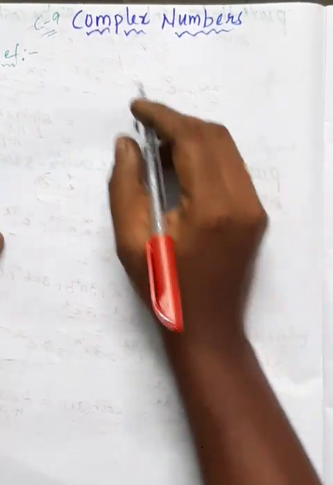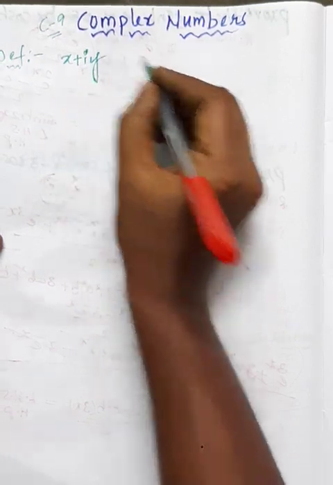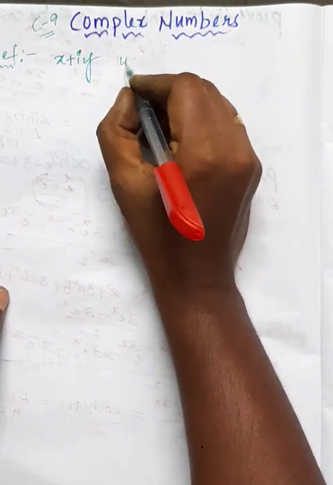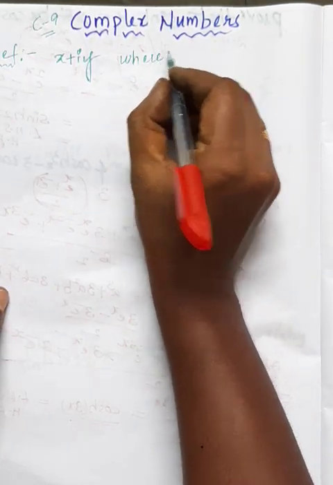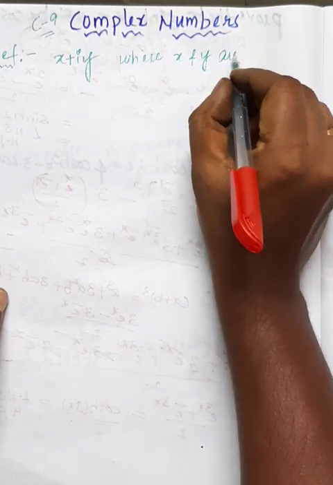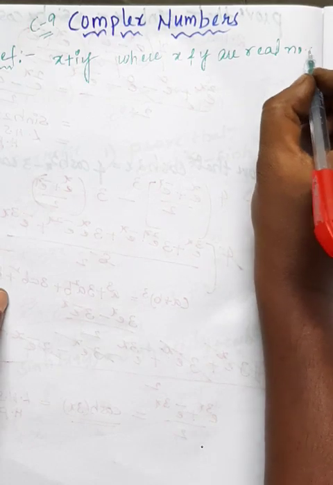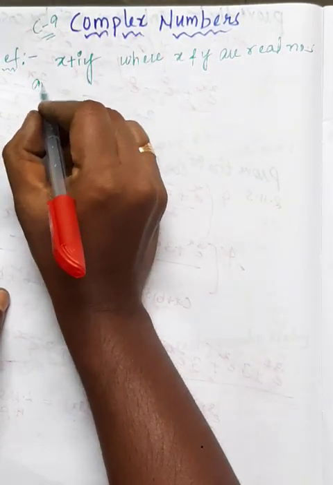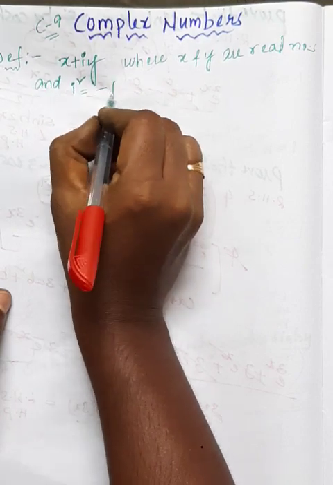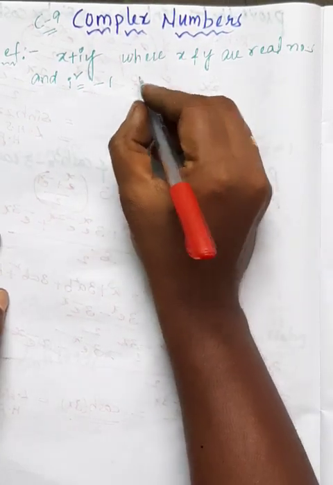An expression of the form x plus iy, where x and y are real numbers and i square is equal to minus 1, is called a complex number.